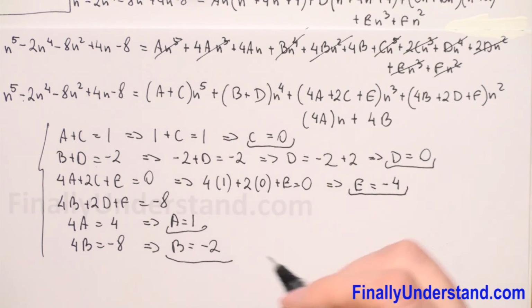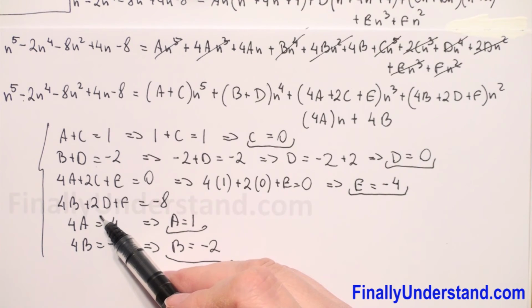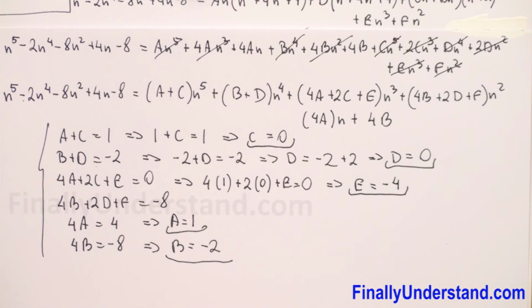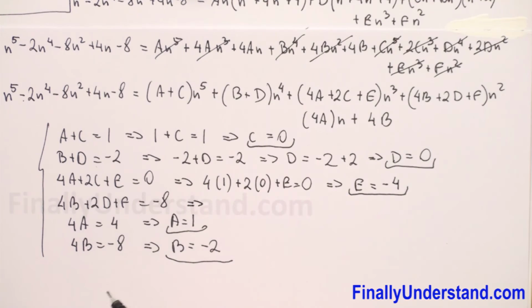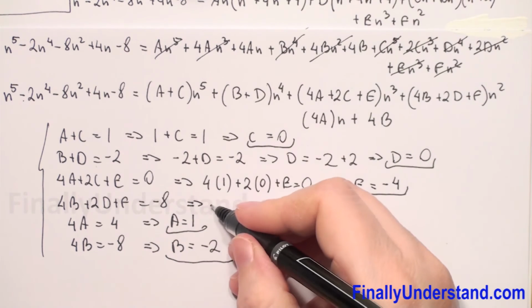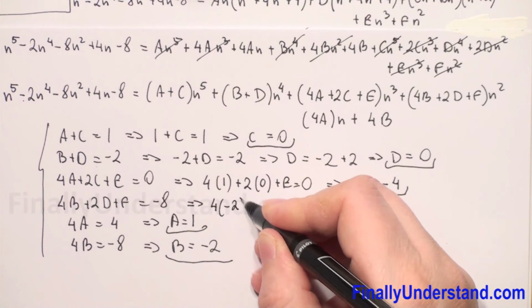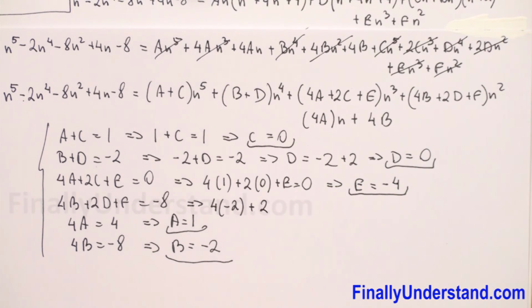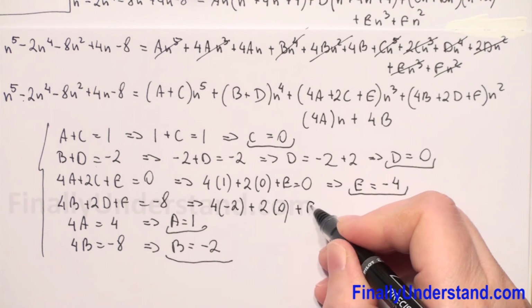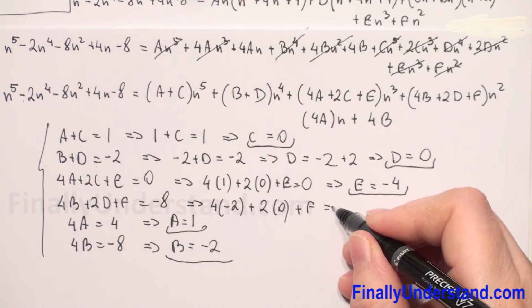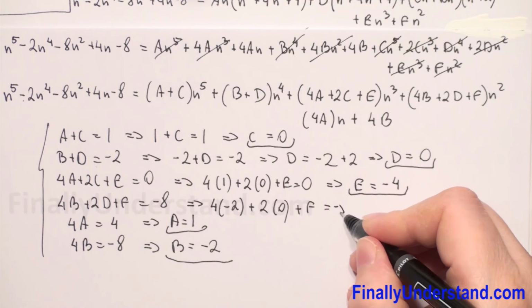So we have e. And from the fourth equation, we can find f. So we have b is negative 2. So we have 4 times negative 2 plus 2 times d is 0 plus f is equal negative 8.